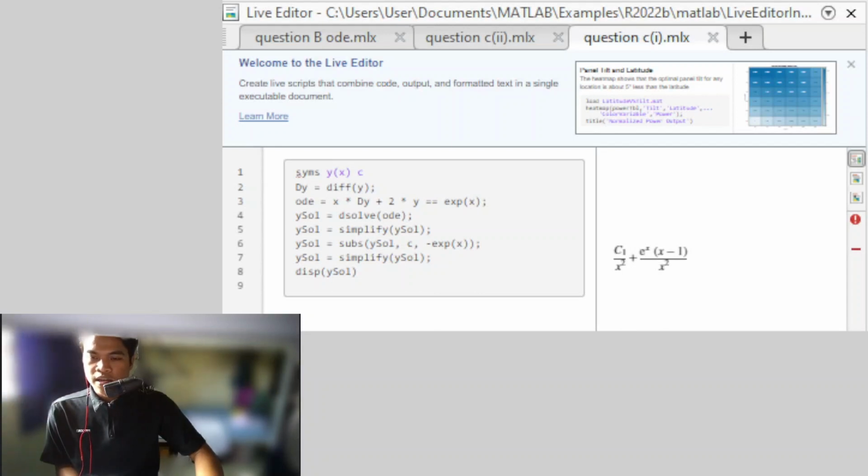The line 6, ySol equals subs(ySol, c, negative exp(x)), substitutes c with negative exp(x) in the solution using subs. This line 7, ySol equals simplify(ySol), simplifies the solution after substitution. The line 8, display(ySol), displays the final solution.